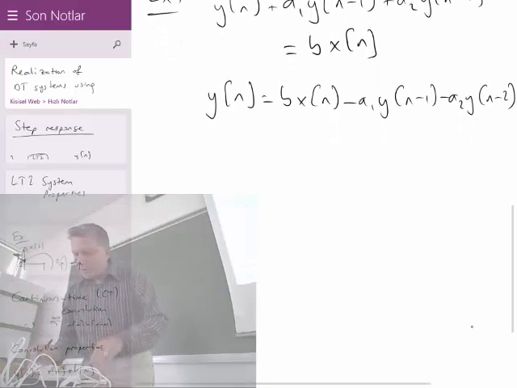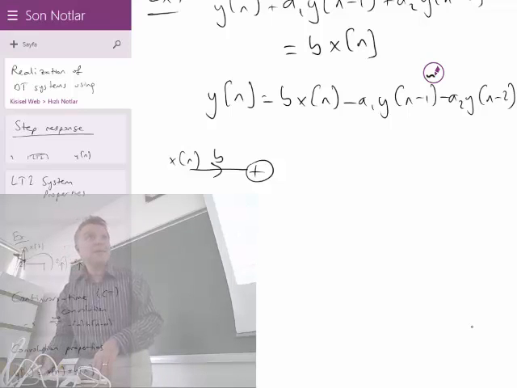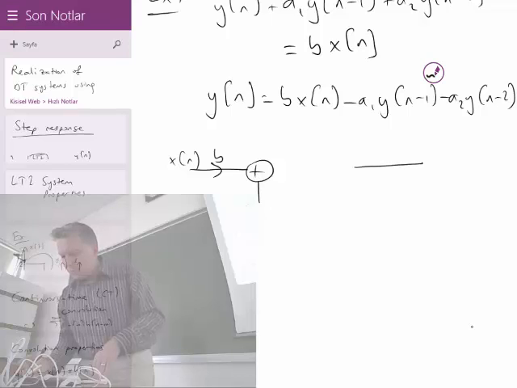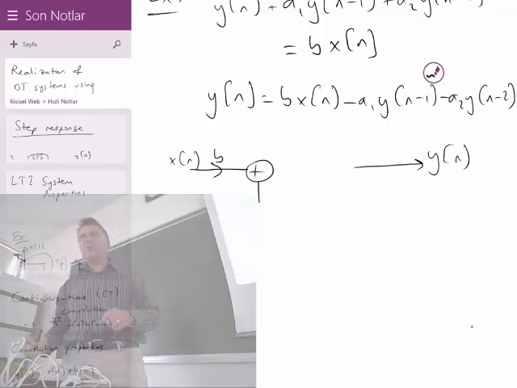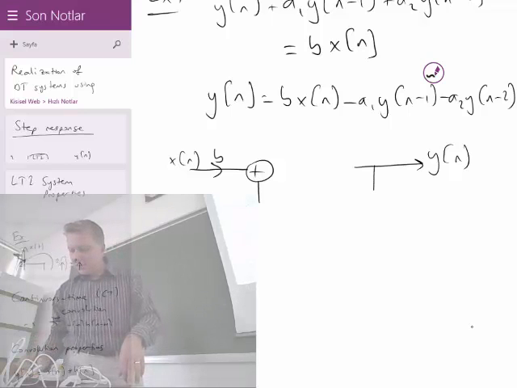The overall strategy is the same. We have an input x of n which is scaled by b, and it is added to something. In fact, not only one thing, it will be added with two things. At the output, we have y of n. How are we going to get y of n minus 1? By delaying it, of course.